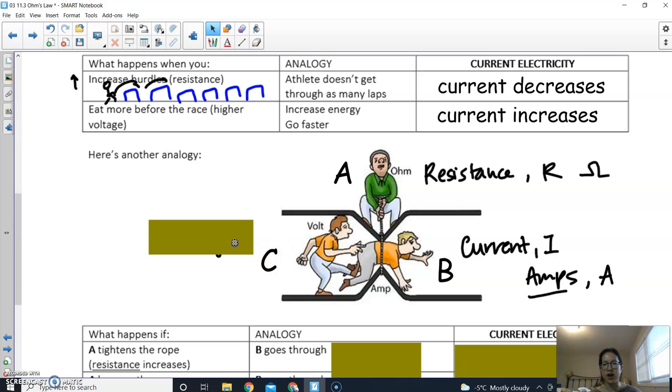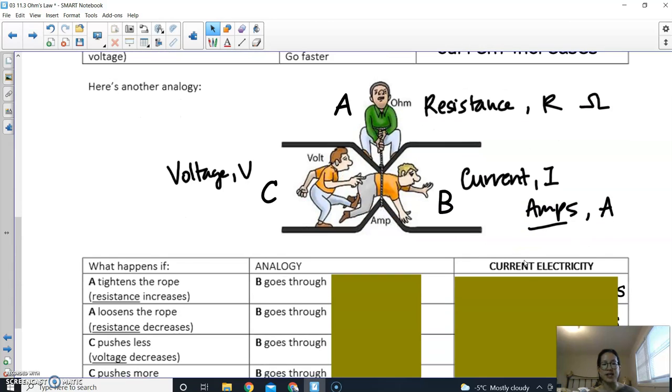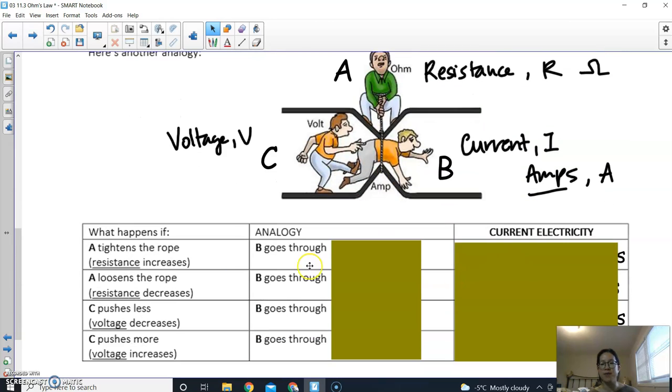Lastly, at C, we've got the voltage or volts. Voltage, V, is pretty simple. Again, that is the electrical pressure that's pushing the electrons through the circuit. So let's go through some of these items. For example, what happens if at A, this person tightens the rope? If it's getting narrowed over here, then B goes through slower.